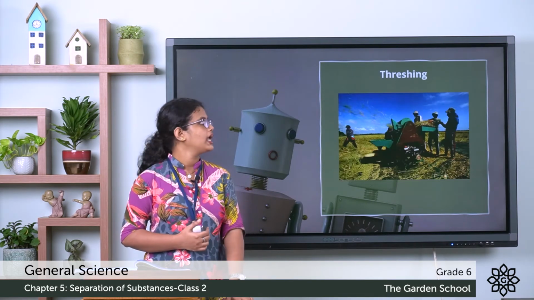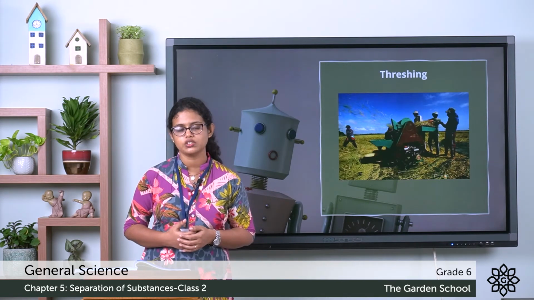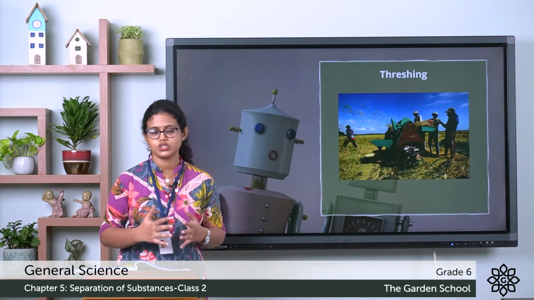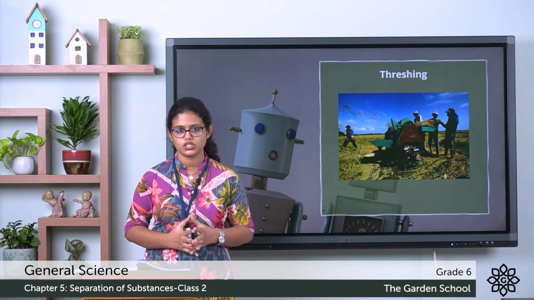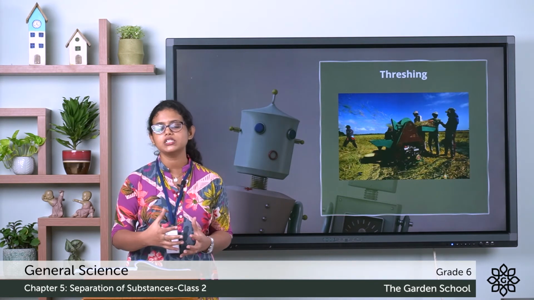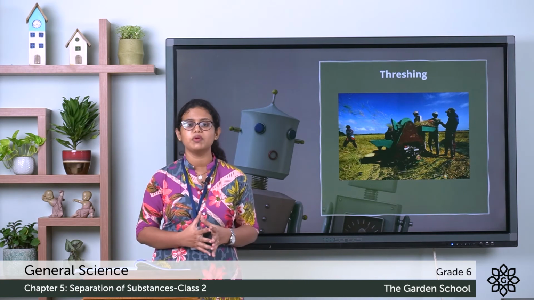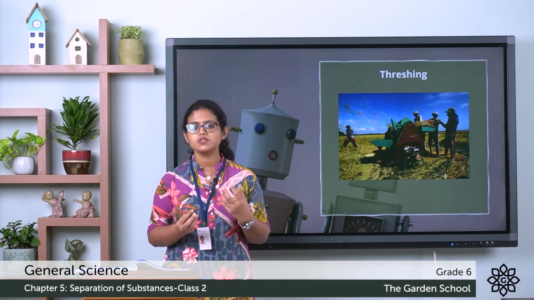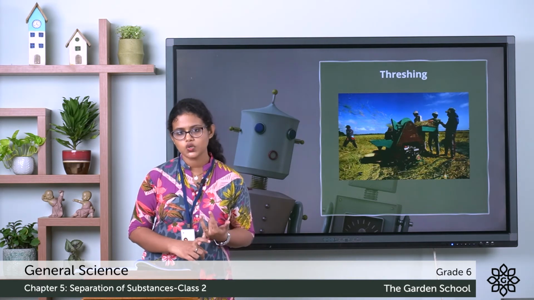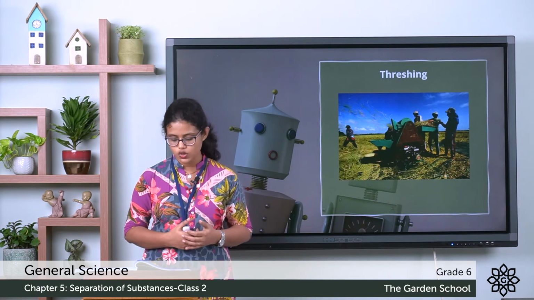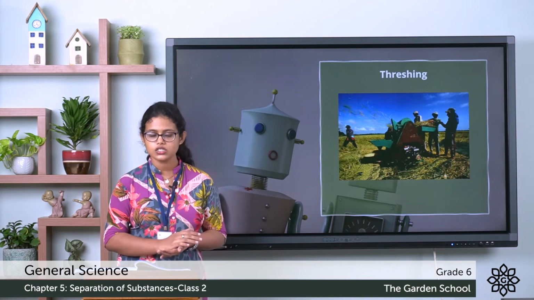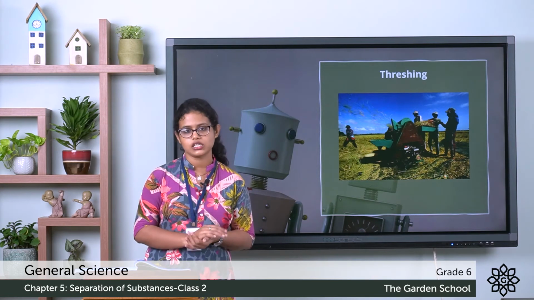Moving to the next method of separation, that is threshing. Have you heard of the term threshing? What is the meaning of threshing? Threshing actually means taking something and beating it up properly. In terms of crops, when a paddy crop or a wheat crop is ready, the stalks are cut and dried in the sun.